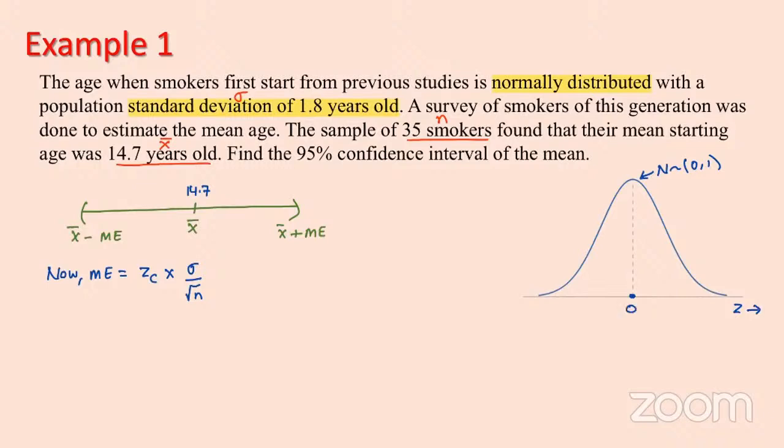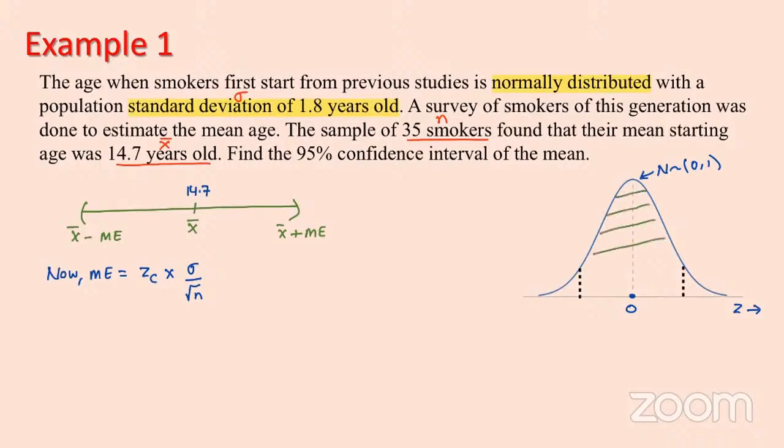What is the confidence level here? 95. That means the area in the middle should be 95%. So we have to show 95% area in the middle. So this area that goes in the middle is 95%.